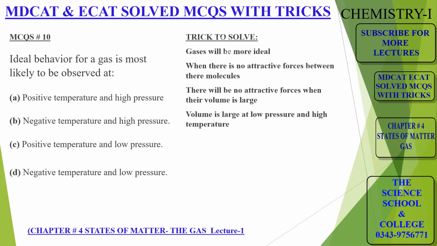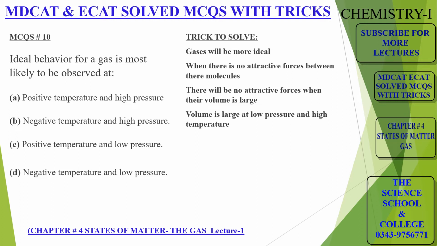To solve this MCQ, you know that gases will be more ideal when there are no attractive forces between the gas molecules. There will be no attractive forces when their volume is large. When the volume of the gas is large, there will be no attractive forces. The volume will be large at low pressure and high temperature.